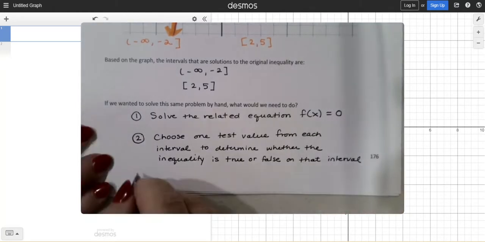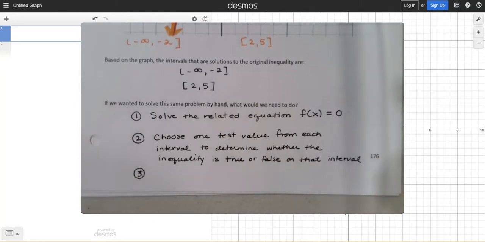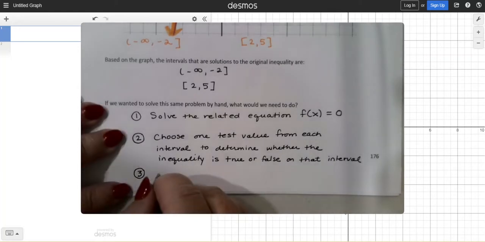Okay. Third, of course, my final answer will be just the intervals where I got a true inequality.